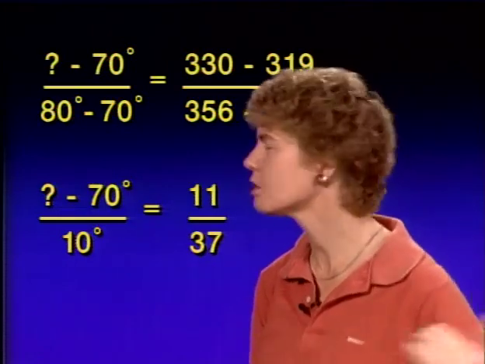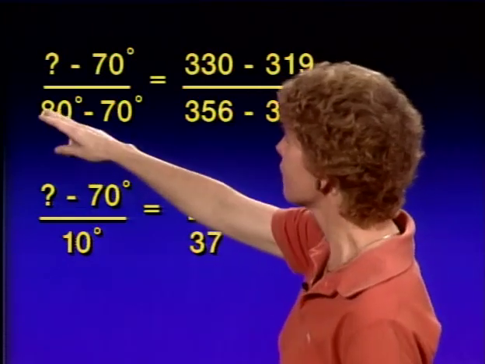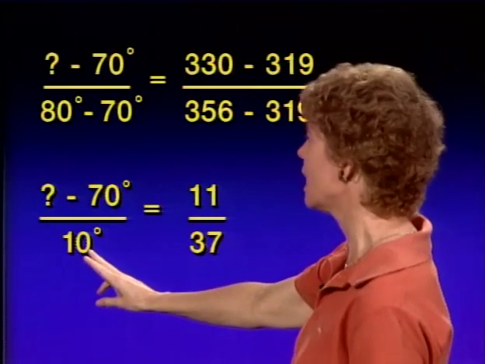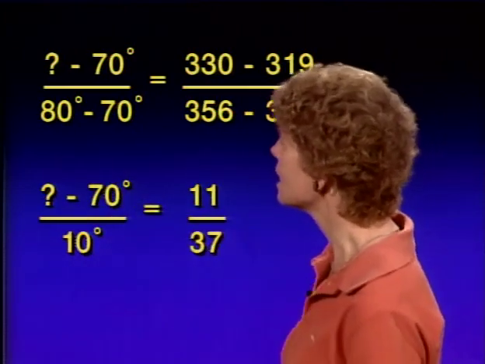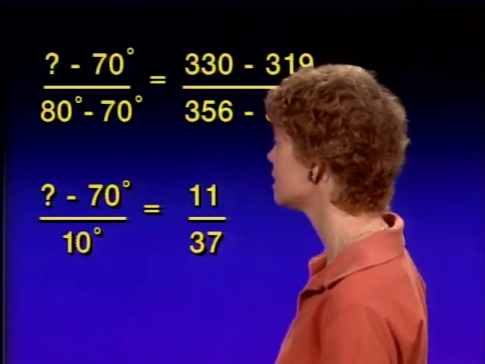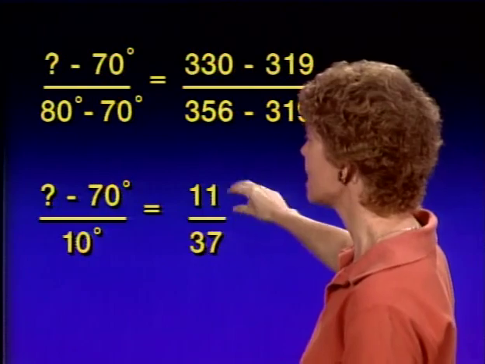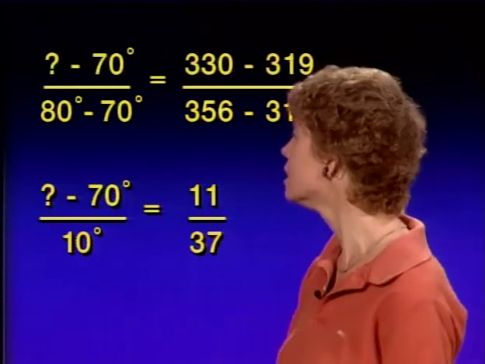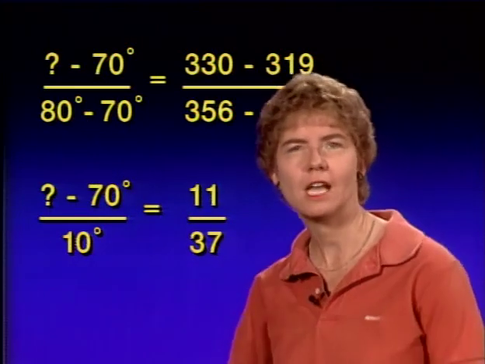And the way we determine it exactly is the difference between 80 degrees and 70 degrees is 10 degrees. And so our formula is laid out of our unknown temperature minus 70 degrees divided by 10 degrees will be the same as 11 divided by 37. 11/37ths of the way between 70 degrees and 80 degrees.